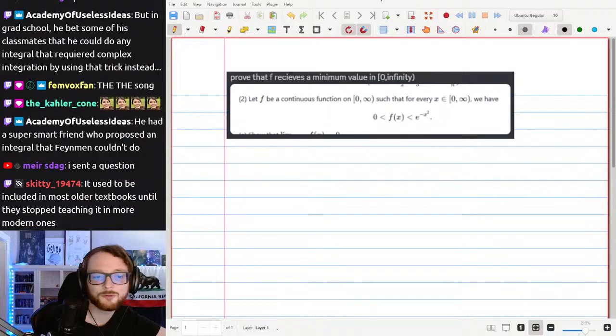I assume we do this question. I assume we take the derivative of this inequality. They only give us that f is continuous, not differentiable, so this might be dangerous. But I don't know how else to really proceed.